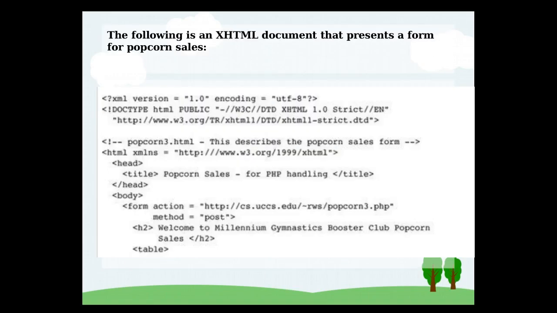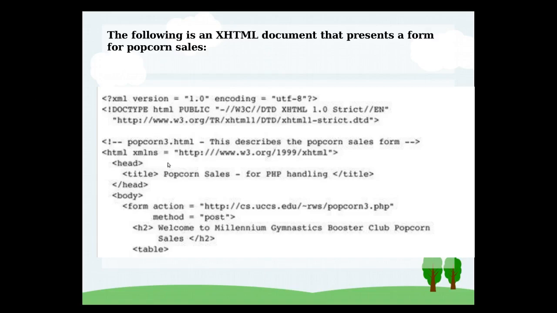So now let's see an example. Here we are going to define two documents. The first document contains the form definition, which is presented to the user to accept data from the user, and the second one is the document to process the form data and to display the output.